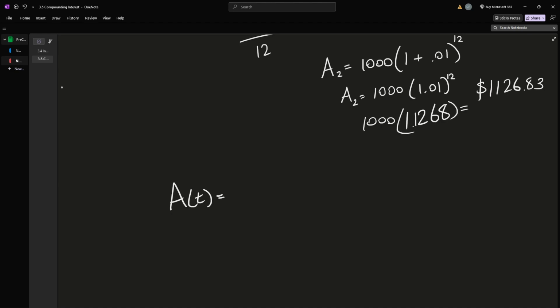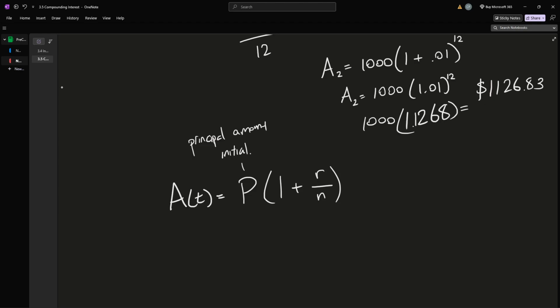That's equal to my principal amount, P, my initial value, times 1 plus my rate, but my rate is being divided by the number of time periods I split it into.